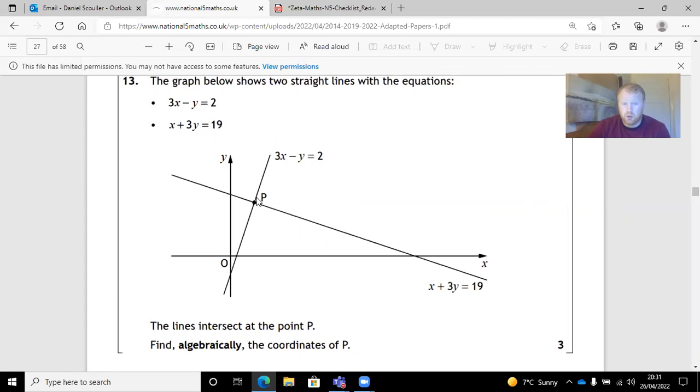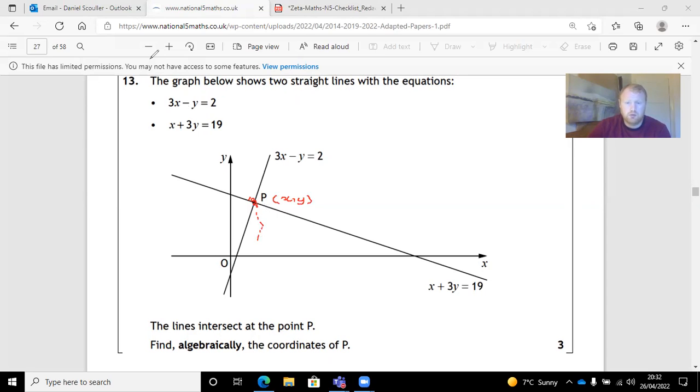So it's looking for the coordinate of P. P means that x for this term and x for this term is the same, because it exists on this graph. At that point P, the x coordinate and the y coordinate for both of these lines is the same.